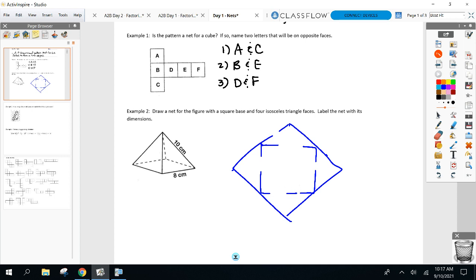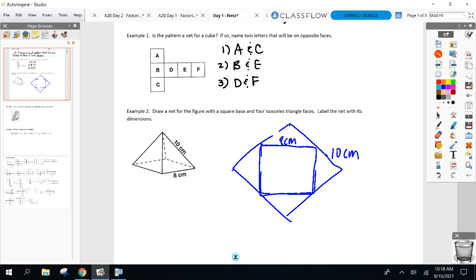Okay, so I should have had the 10 over here and the 8 here. And you don't need to label every single edge. You can just label the 2 for me and you're good. Questions there? Now, do you understand why I said there's more than this net?